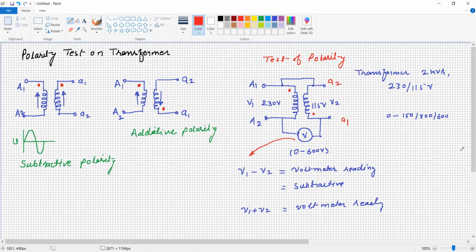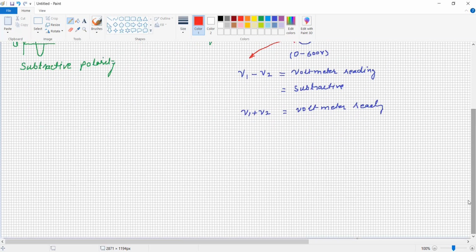Now, parallel operation of transformer. What do you mean by parallel operation of transformer?